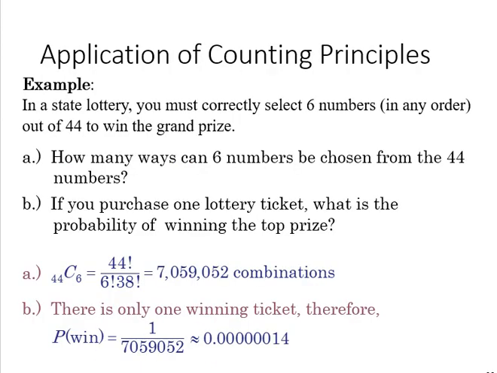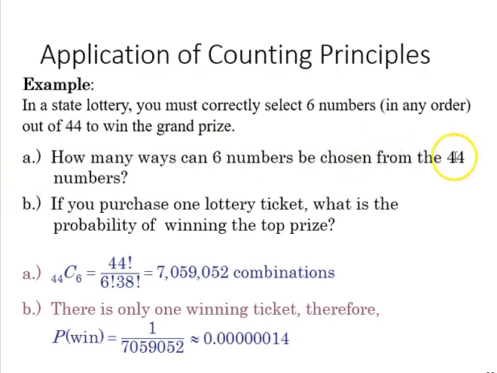Here's one more example applying the counting principles that we've been reviewing. Let's say there's a state lottery where you have to select 6 numbers out of a total possible 44 numbers to win the grand prize. And it can be in any order, so that means we're talking about a combination, not a permutation. That would be rather astronomical if the order mattered. And in some lotteries, in fact, the order does matter. But here we can lay this out in terms of the way we've been talking about combinations.